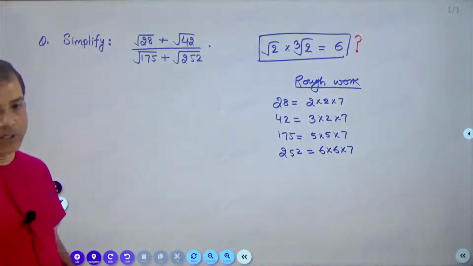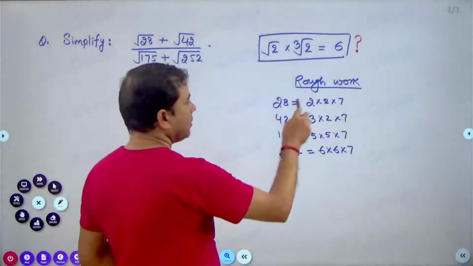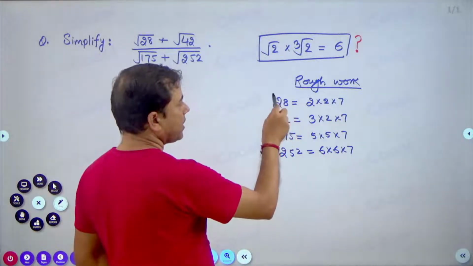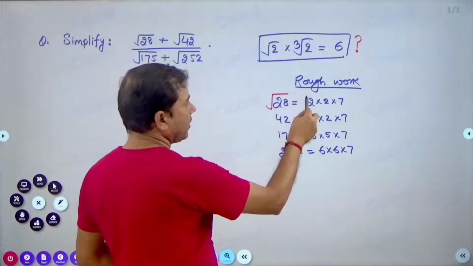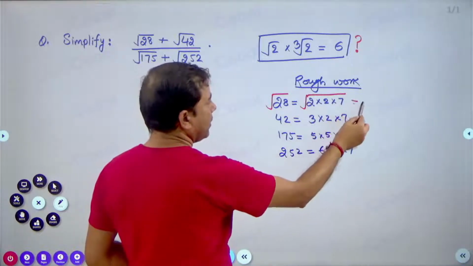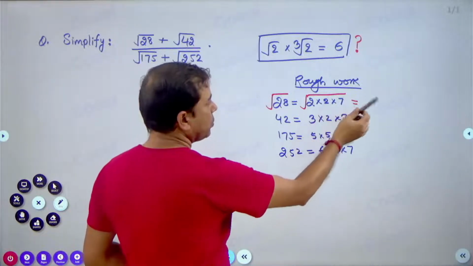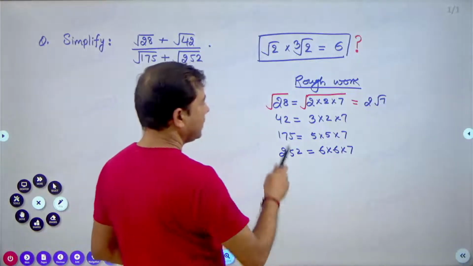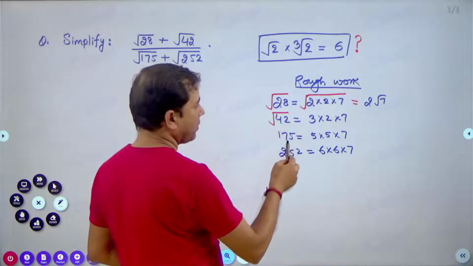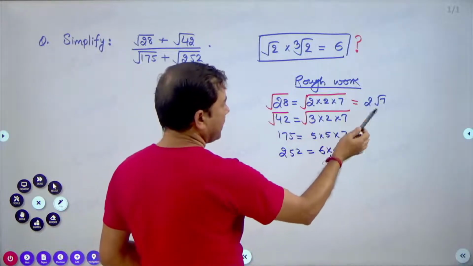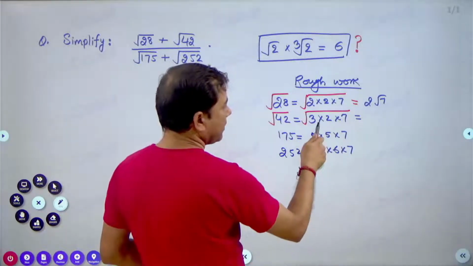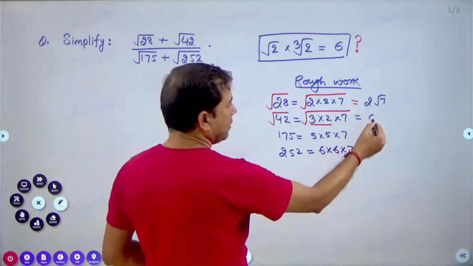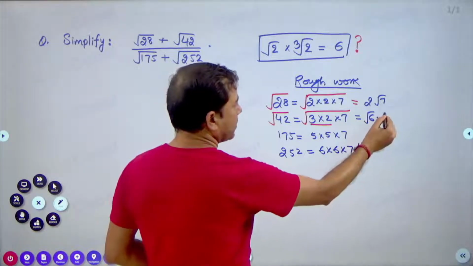So what we notice here is, 28 under a square root gives us 2 root 7. If we put 42 under square root, we are going to have root 6 into root 7.